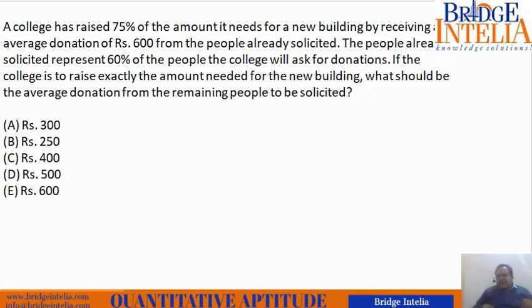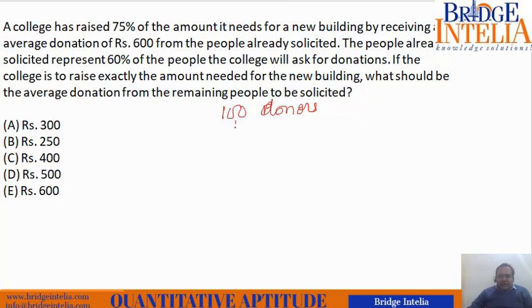That means a college wants to make its new building. For that, it prepared a list of people to ask for donation. Let's assume the number of people to be 100. So 100 people or 100 donors are going to donate.